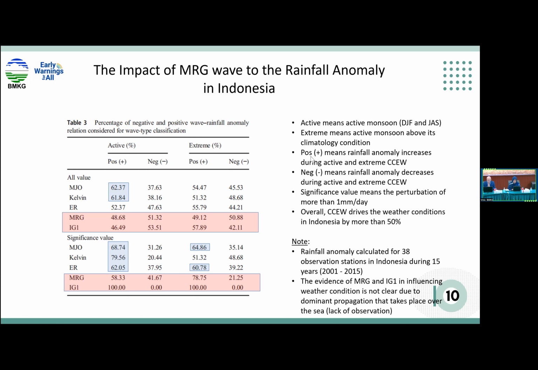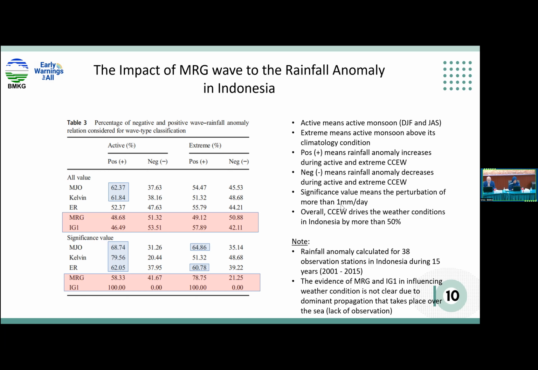Yes. The positive means rainfall anomaly increased during active and extreme CCEW, and negative means rainfall anomaly decreased during active and extreme CCEW. And significance value means the perturbation of more than 1 millimeter per day, so it is significant. This is all the positive perturbation, and significant is the most significant.